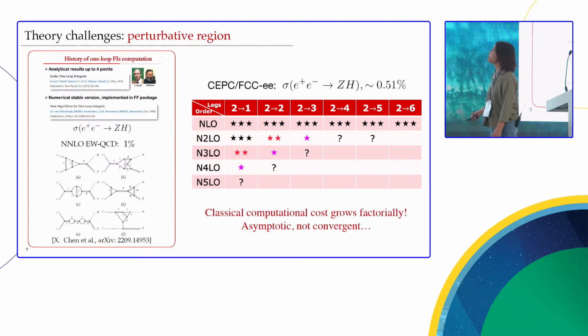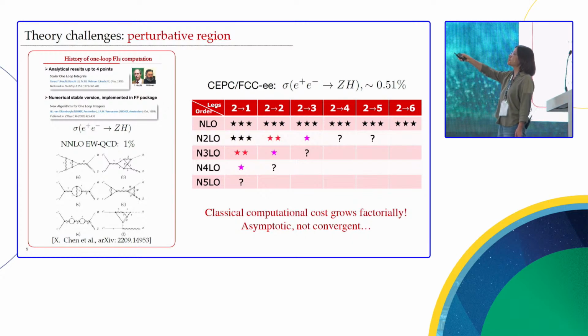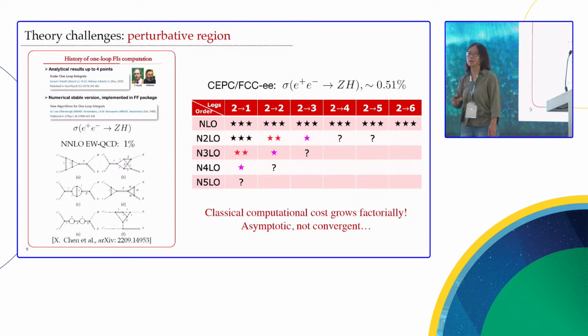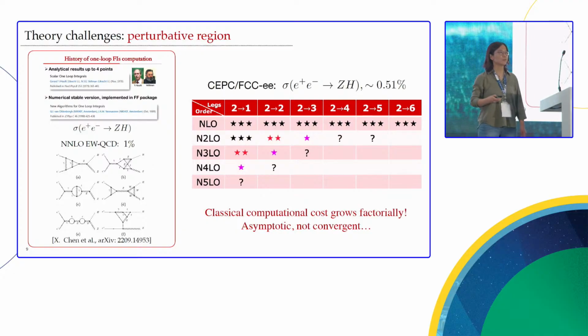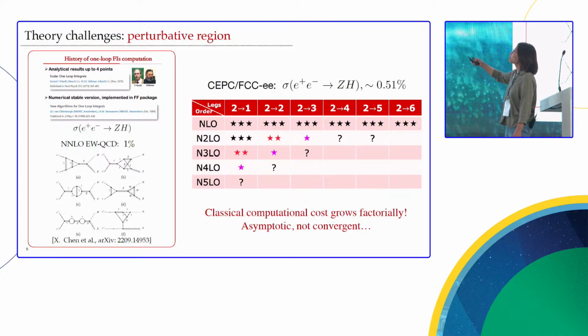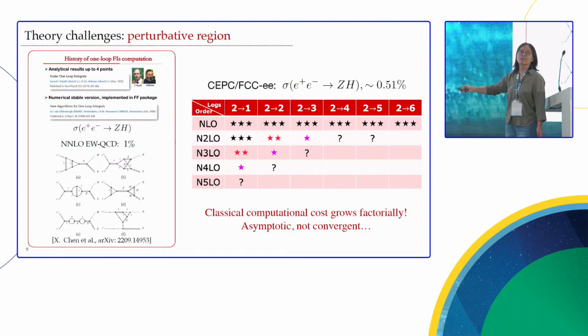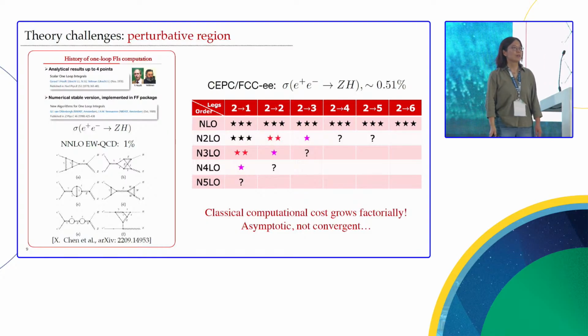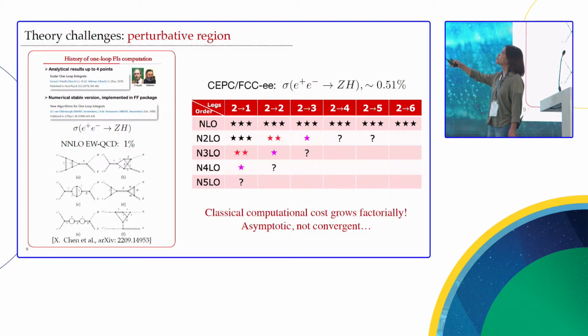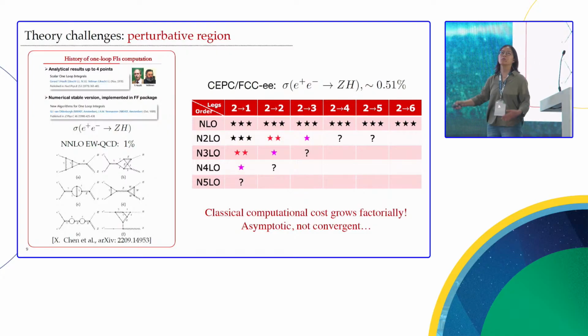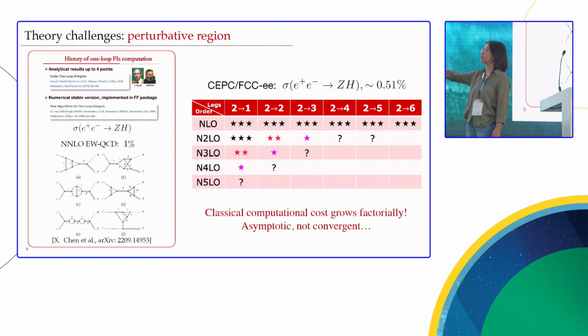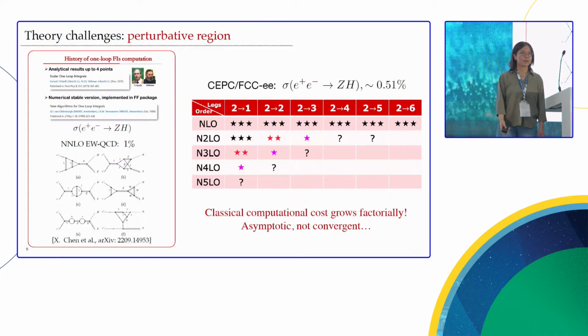But for our future, when we have this CEPC or FCC-ee that the large community is pursuing for future colliders, our target for this precision measurement of this quantity could reach like 0.5%. Right? So that is saying if you want to rely on the precision measurement of this process to probe physics beyond the standard model, we have to improve our theoretical calculations of this number.